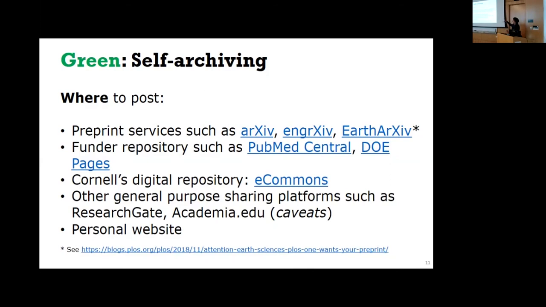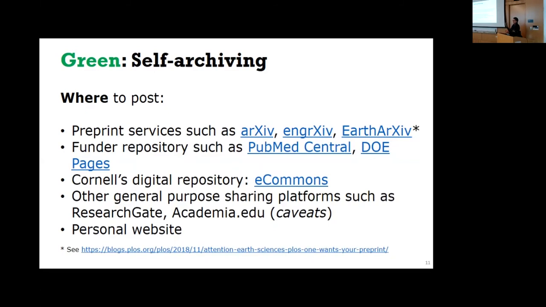So the things to think about as you select among these options are: what are you required to do as a condition of your funding? Where do you want visibility for your work? Do you want visibility in a disciplinary context like arXiv? Do you want visibility in an institutional context like Cornell? Or, as everybody, using ResearchGate?